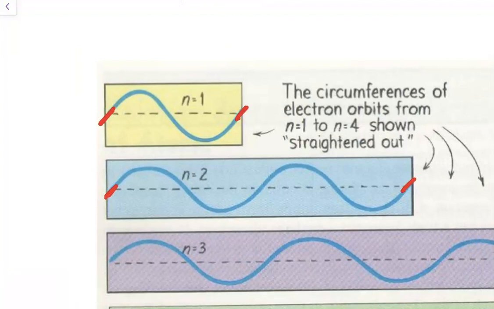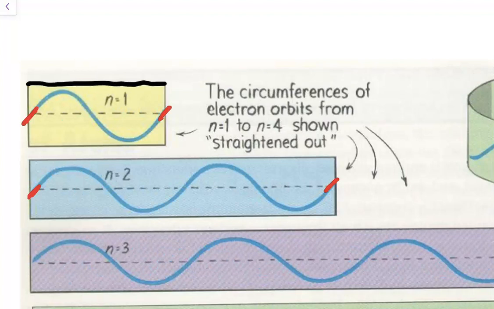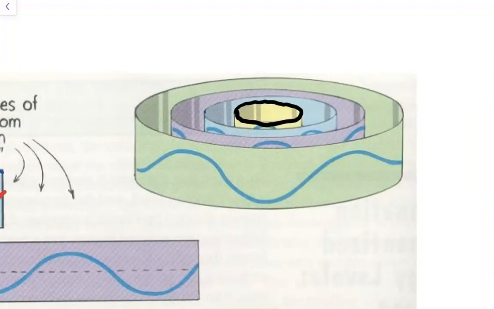So the first orbital, which we consider the ground state, is going to be like this orbital. And it goes around and then reconnects. The second orbital starts at the beginning, going up, it goes around, and then its second standing wave pattern exists here. And let's say I started at this end, right?